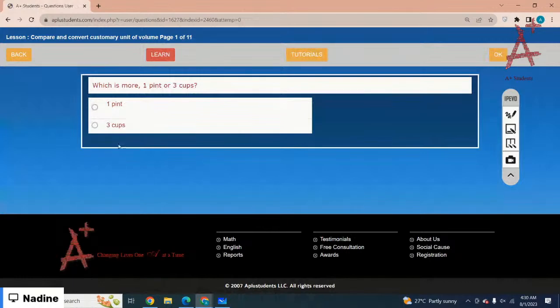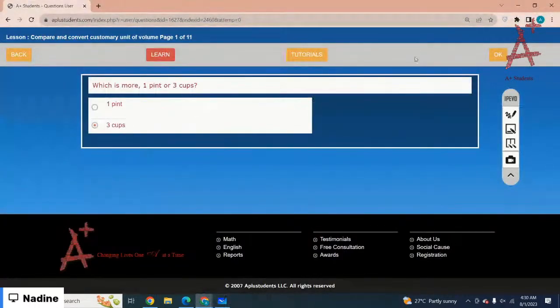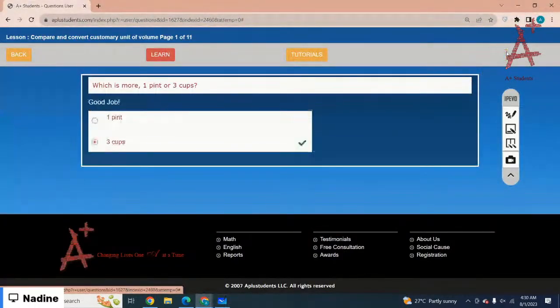The correct option is 3 cups, because in 1 pint we have 2 cups. Yes, very good. That means 3 cups is more than 2 cups. Very good.